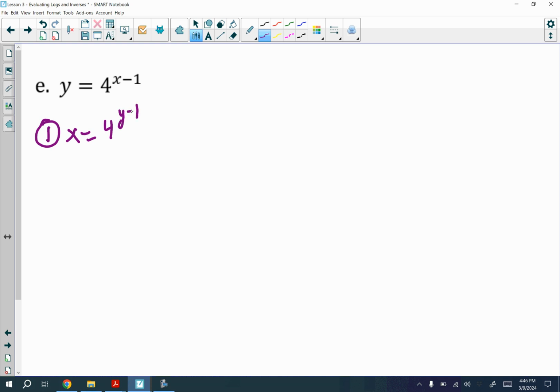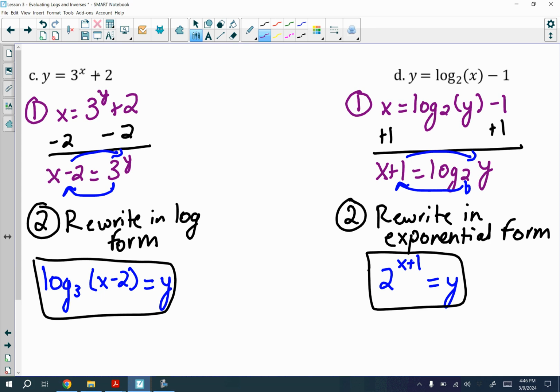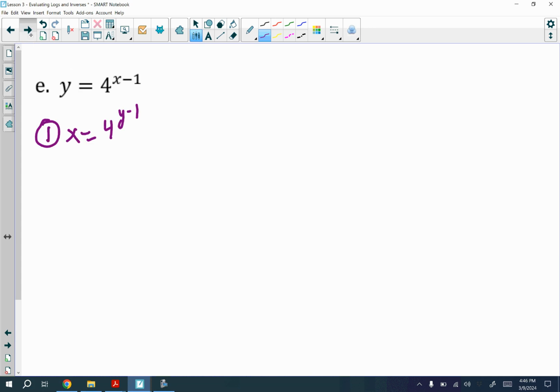Now notice this minus 1, unlike our C, where the plus 2 is out here and is not part of the exponent. Notice that for this example, part E, the minus 1 is part of the exponent. So here, I cannot move the 1 over because it's part of the exponent.